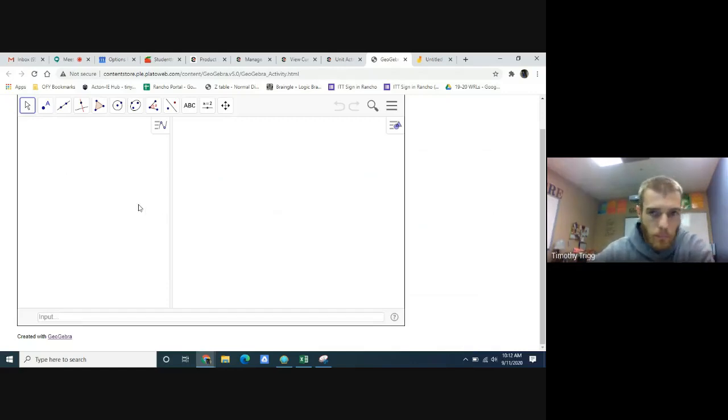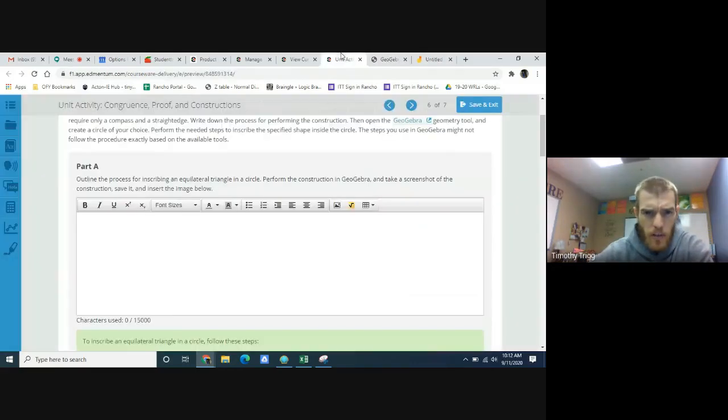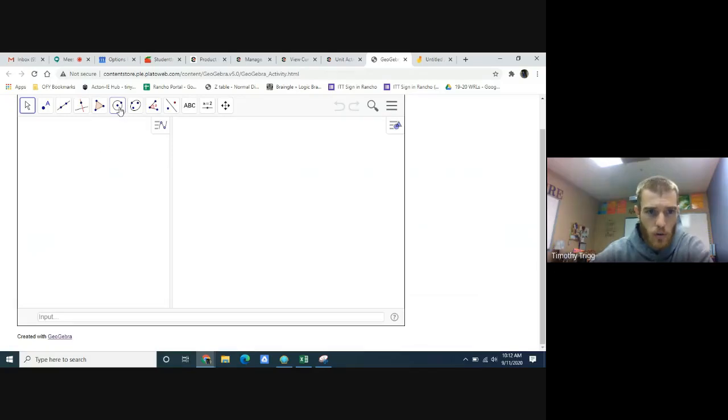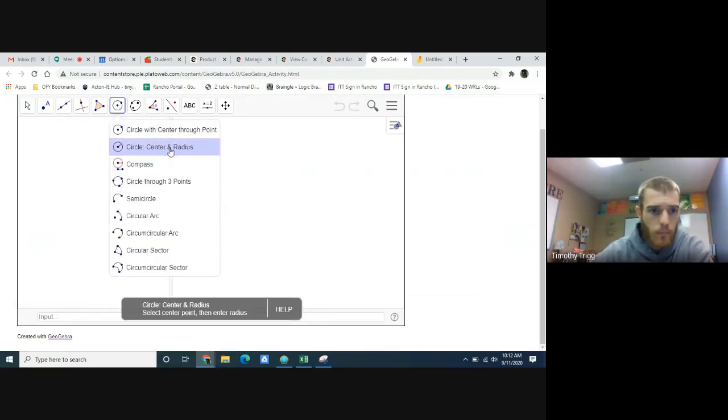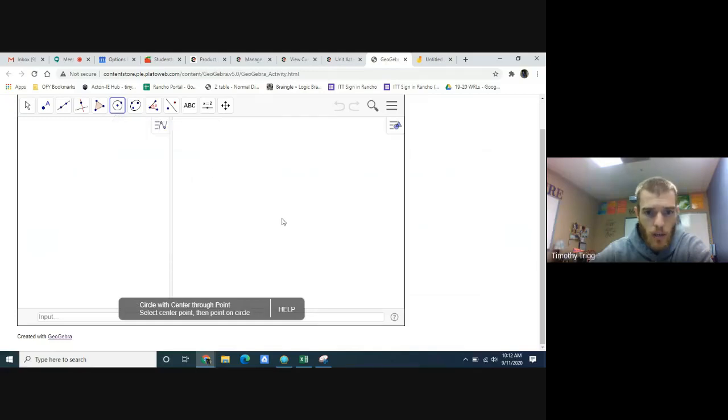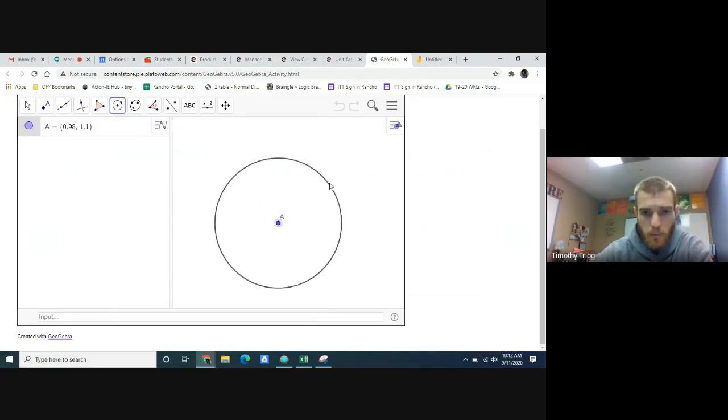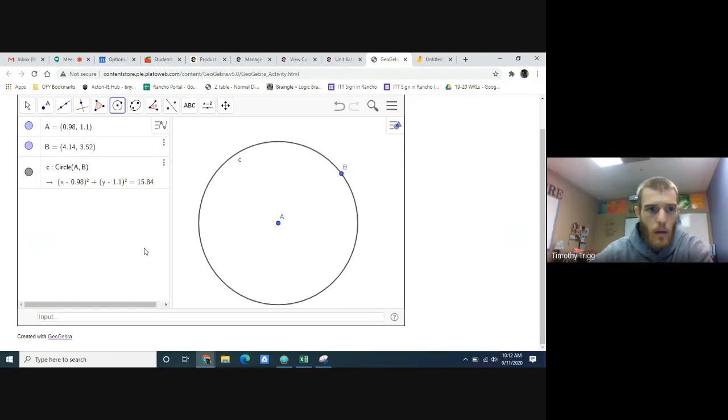Now, it wants us to produce an equilateral triangle inscribed in a circle. So the first thing I'm going to need is a circle. So go ahead and click on the circle tool, and we'll just create a circle using the first circle tool. Now, here's one of the tricks we need to do.